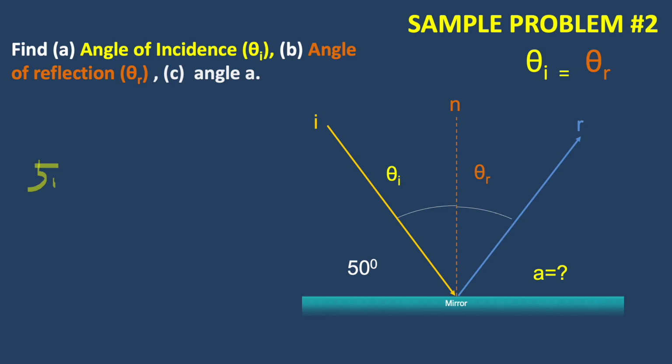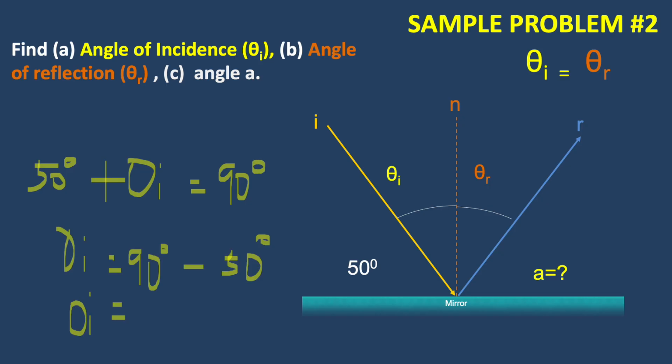50 degrees plus theta I is equal to 90 degrees. The angle of incidence is equal to 90 degrees minus 50 degrees. Therefore, the answer is 40 degrees.